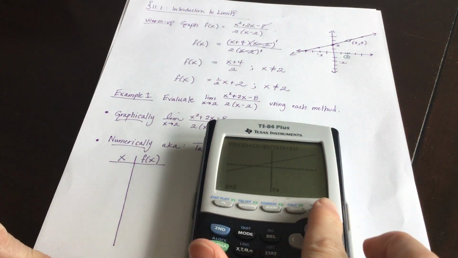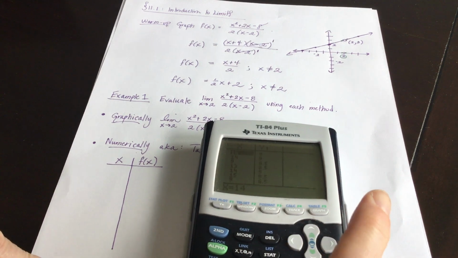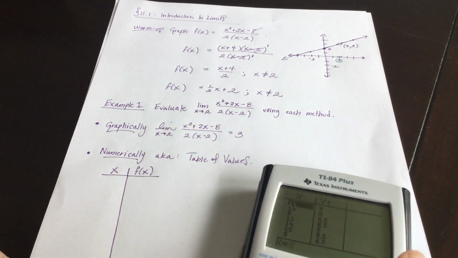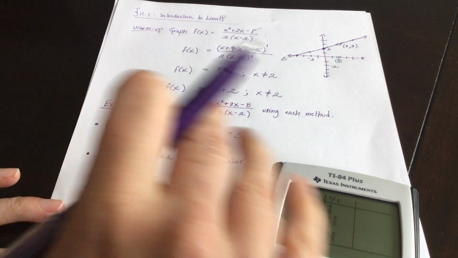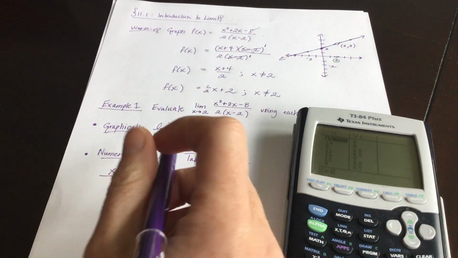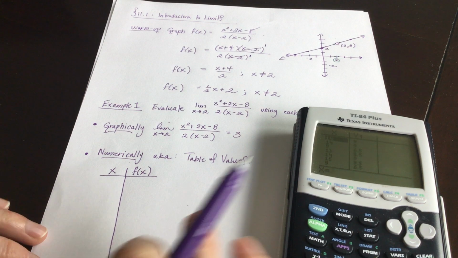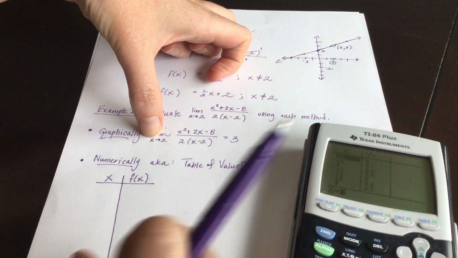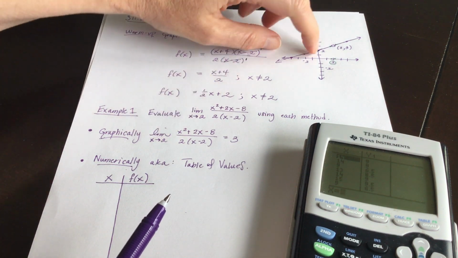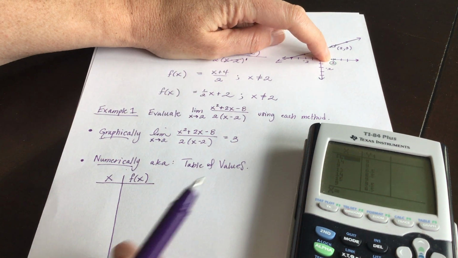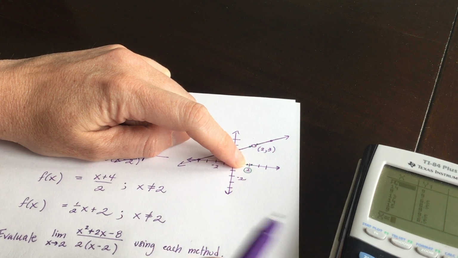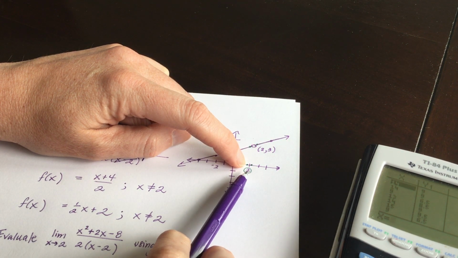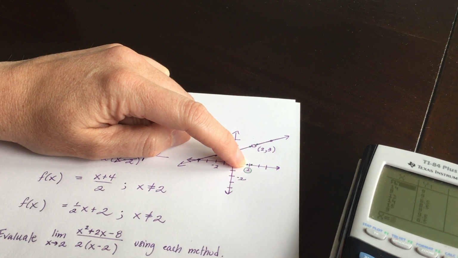Instead of graphing, the point is to do a table. Let's clear. I've got old stuff in there, ignore that. If we're going to make a table of values, let's talk about strategically choosing x values to demonstrate what a limit is. We're going to talk about what happens when you approach 2 from the left. Start by thinking of a number that's really close to 2, but just a little to the left of 2 on the number line.